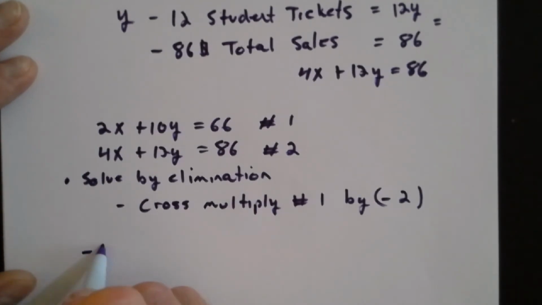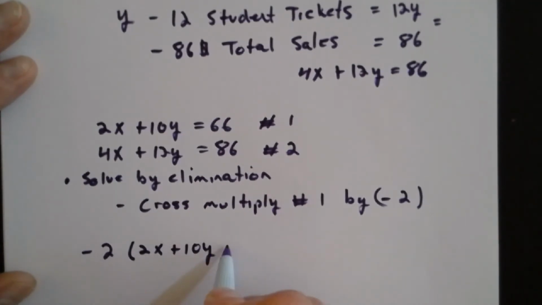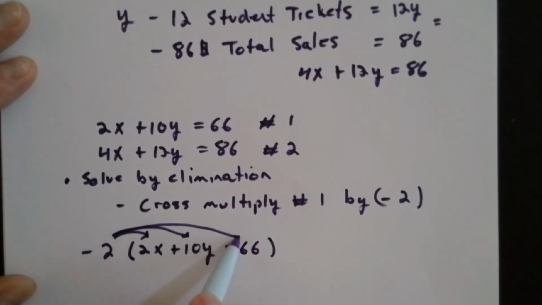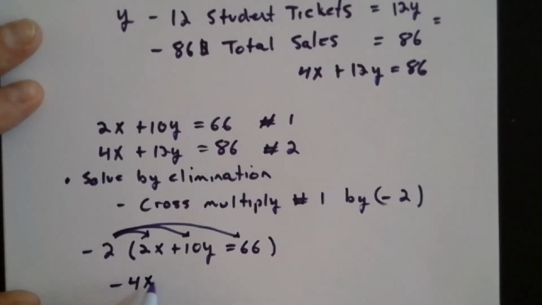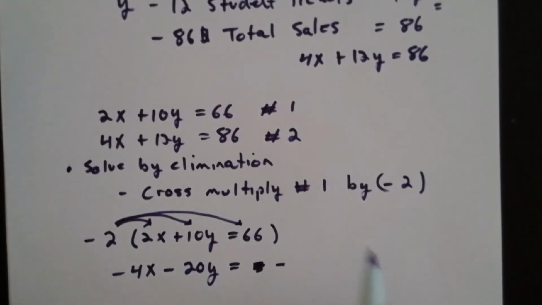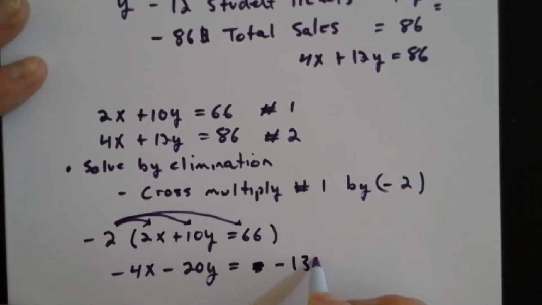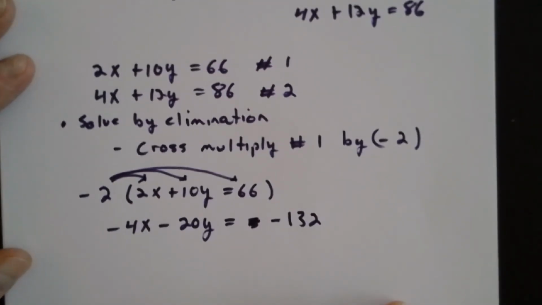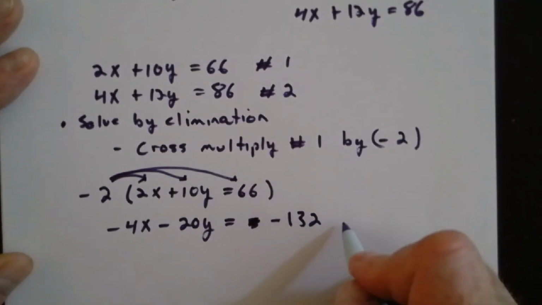And we're going to have negative 2 times 2x plus 10y is equal to 66. Of course, we're going to now distribute this through. And we have minus 4x minus 20y is equal to minus 66 times 2, which is 132. Minus 132. So this is going to be our new number 1.